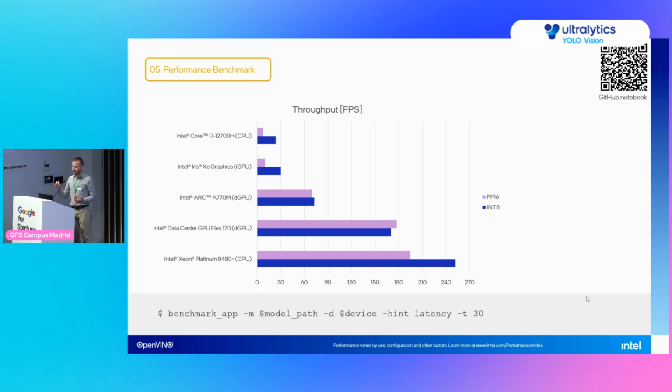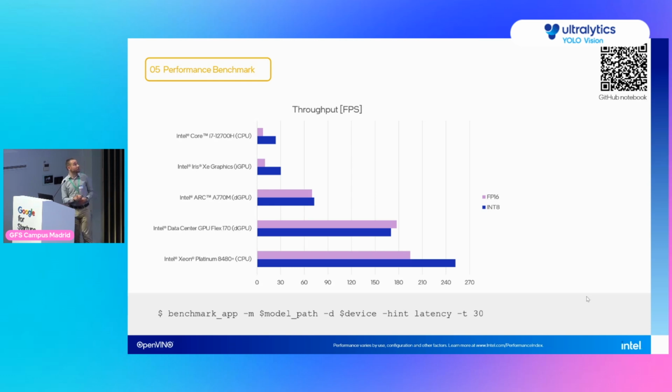The nano model is much faster. I tested on this computer one week ago, and I got more than 110 frames per second running the nano model. But this is M, the medium model. And even for the medium model, running on Intel's i7 CPU, we still have real-time performance, I mean 30 frames per second.